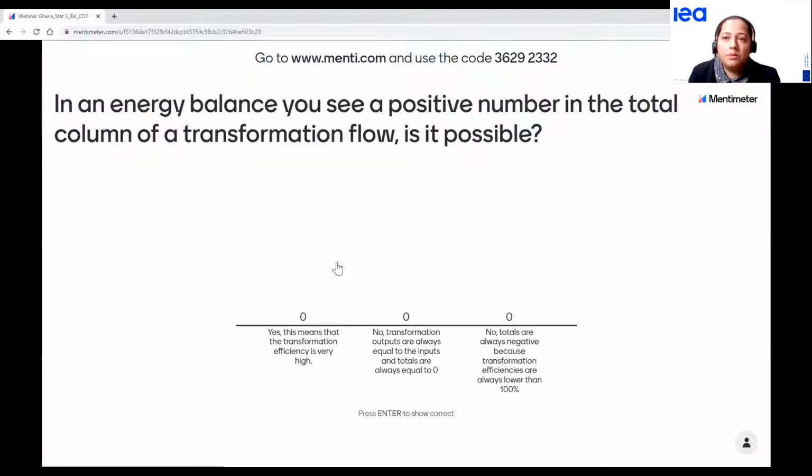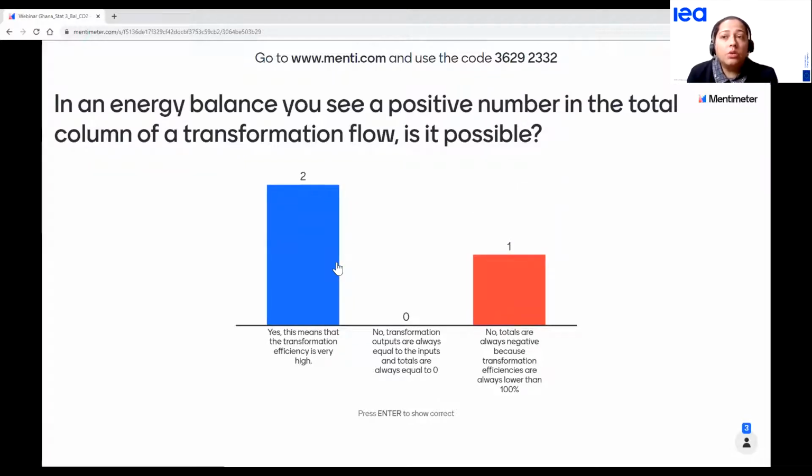Here there are 3 possible answers. Yes, it means that the transformation efficiency is very high. No, transformation outputs are always equal to the inputs and totals are always equal to 0. Or no, totals are always negative because transformation efficiencies are always lower than 100.